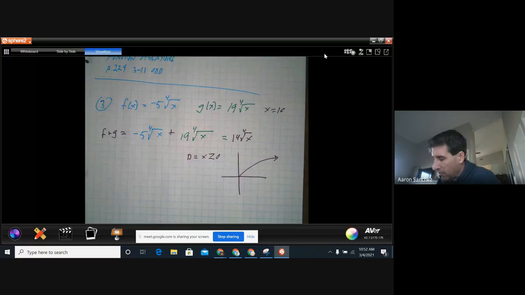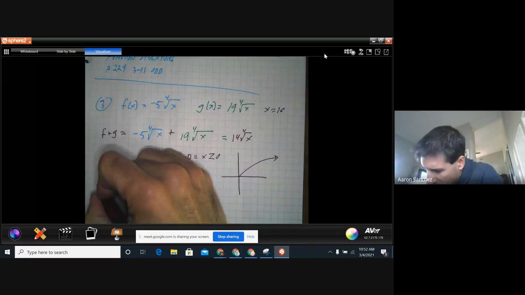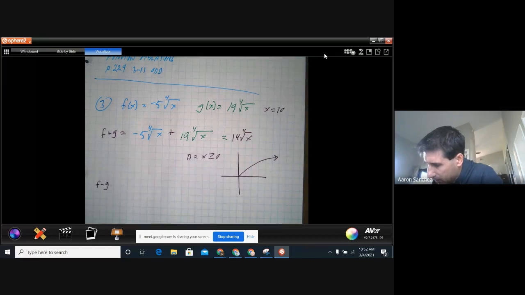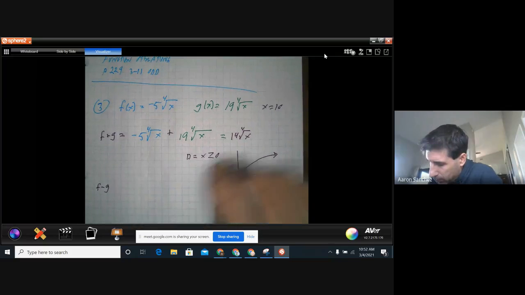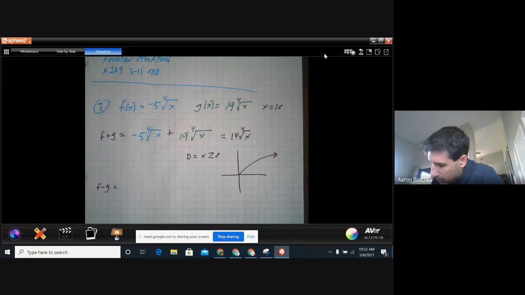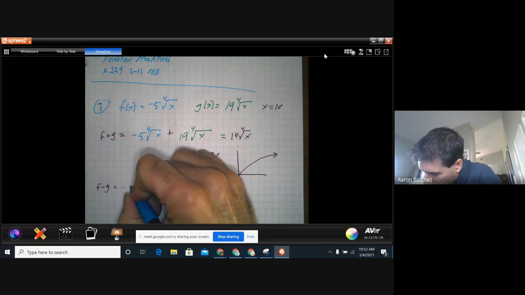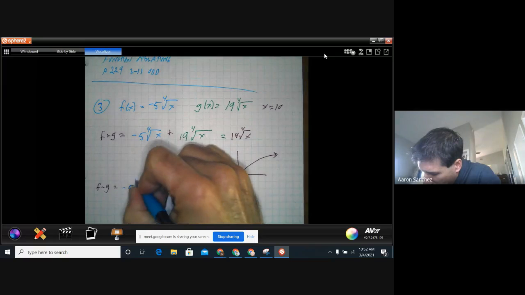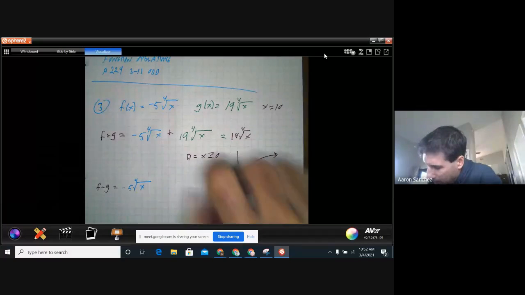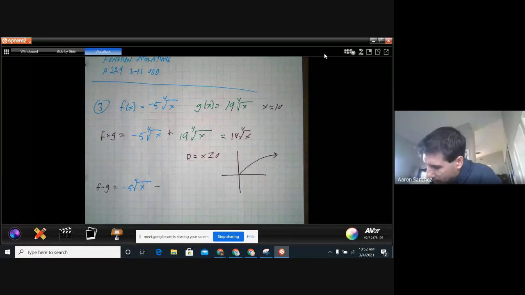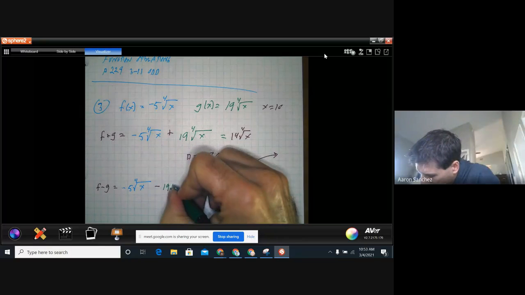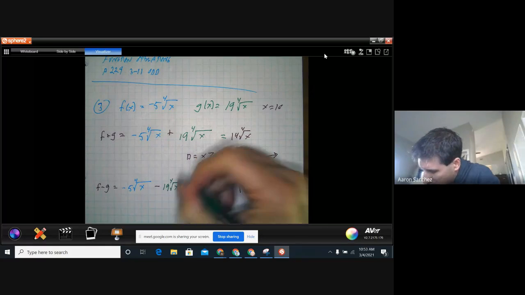Now let's do f minus g. This is all you got to do. F minus g. Okay, so it is negative 5 fourth root of x minus 19 fourth root of x.